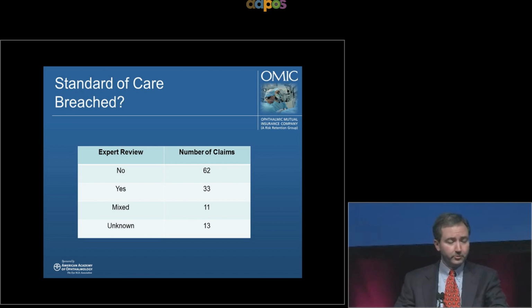Usually more than one person will review the claim. And then that claim, if it's going further, will also be reviewed by experts outside of the organization. And so in 62 of those claims, everyone agreed there was no breach of the standard of care. In 33 cases, there was a general consensus that there was a breach of the standard of care. It was mixed, some yes, some no, in 11 cases.